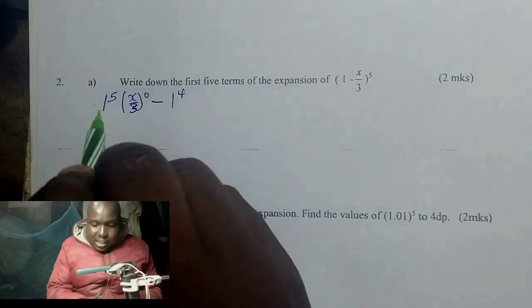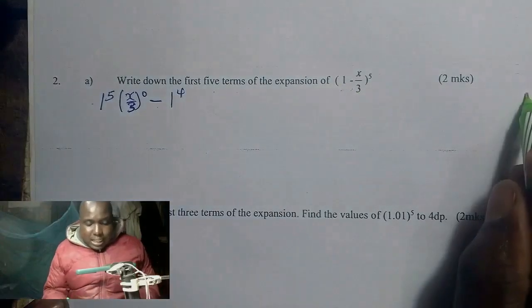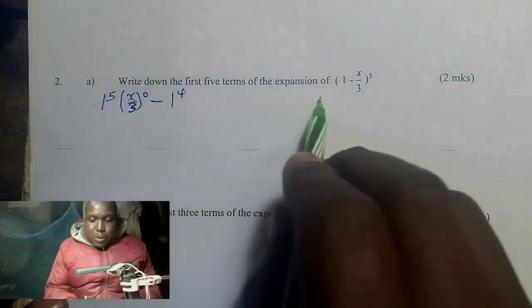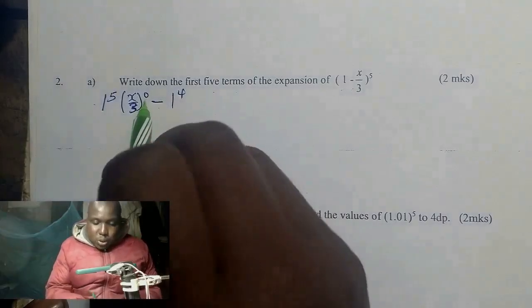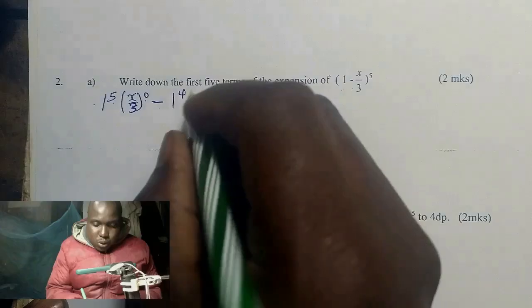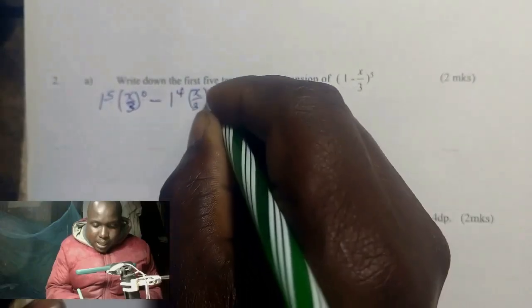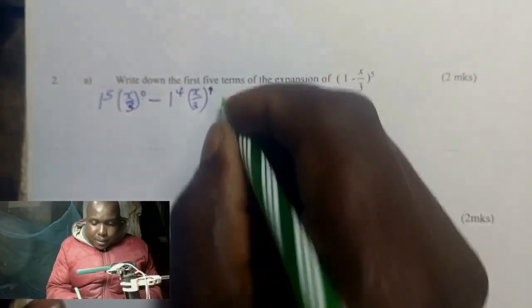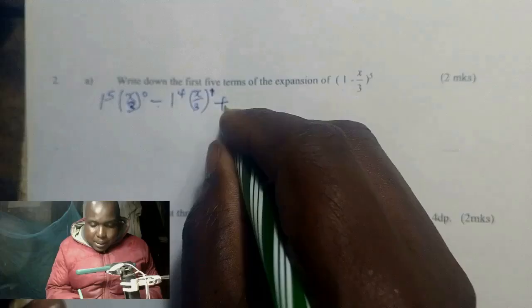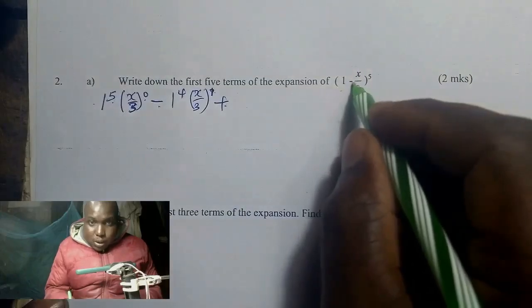Then we have 1 raised to power 4. The first term's power decreases to the right, and the second term's power increases to the right, so we start with 0, while the other starts with 5, 4. So the second term will be x over 3 raised to power 1.